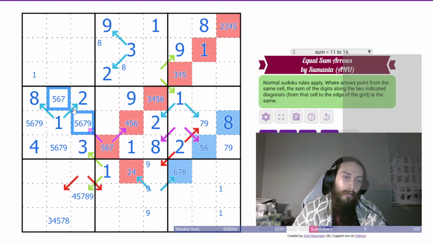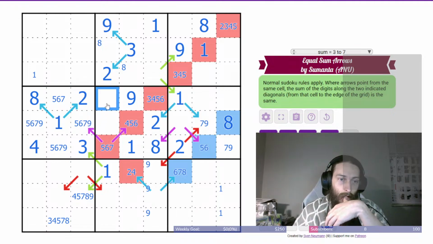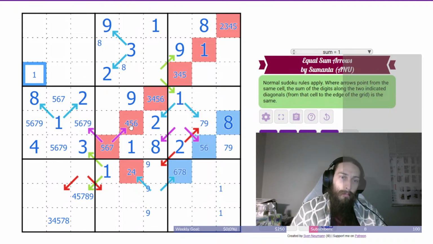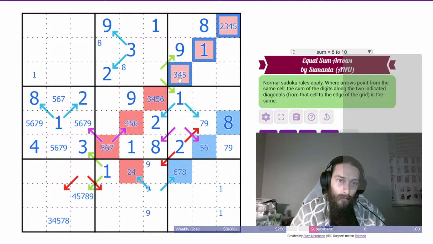Well, the minimum would be 1 and 11, which is 12. But I could put a 5 and 7. Yeah. 3, 4, 5 would allow this to be.